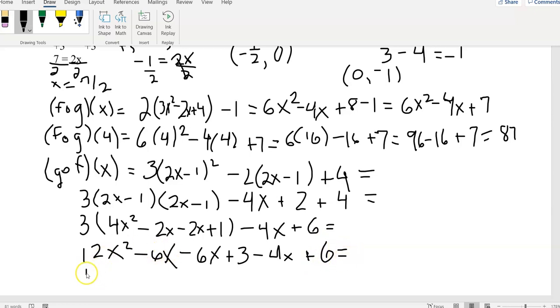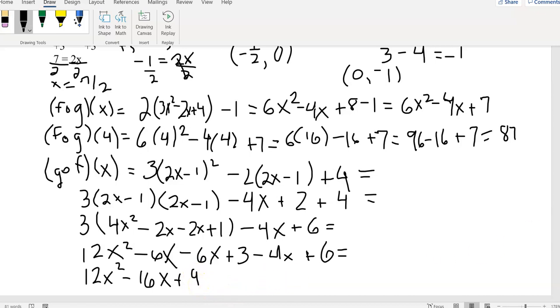All right, so 12x squared has nothing to add to. Let's just bring it down, but we have several x's. Negative 6x and negative 6x is negative 12x, and negative 4x is negative 16x. And then our 3 plus our 6 will give us 9. And there is our final composition function.